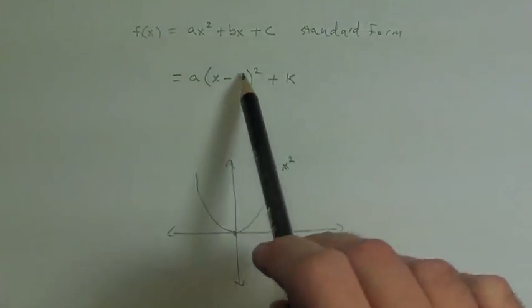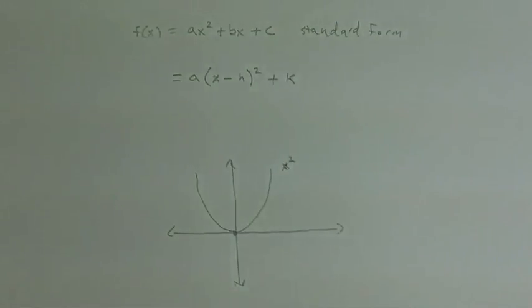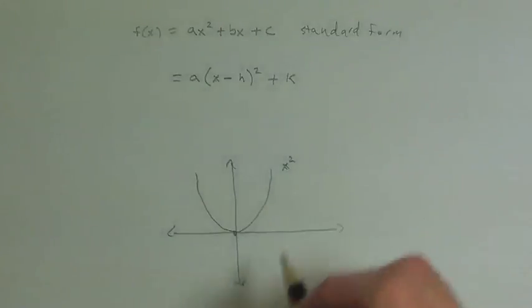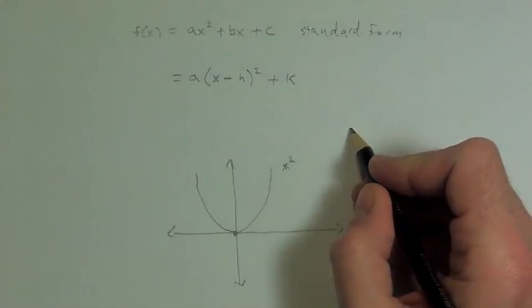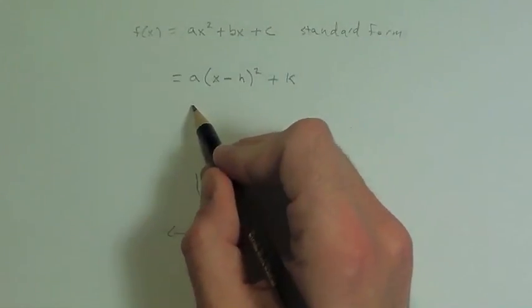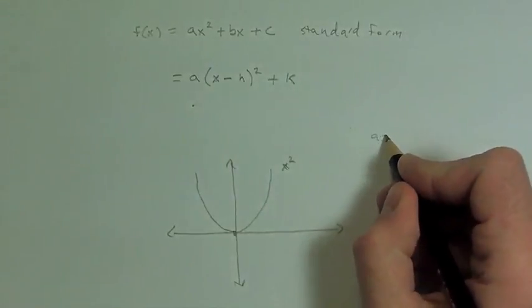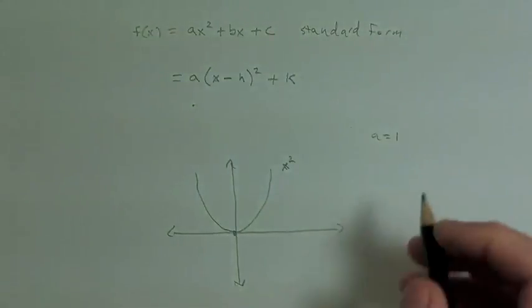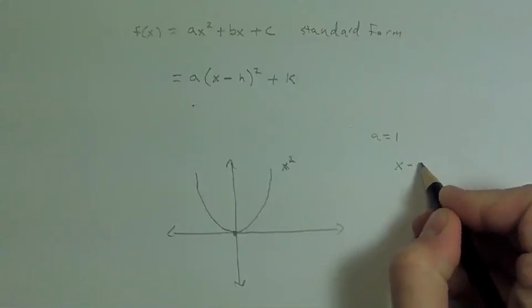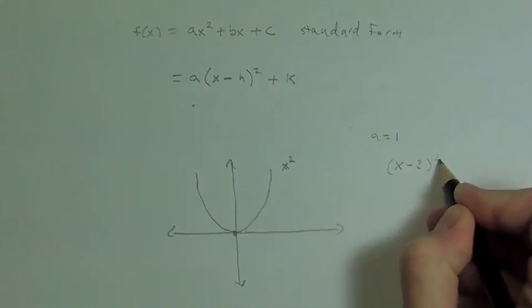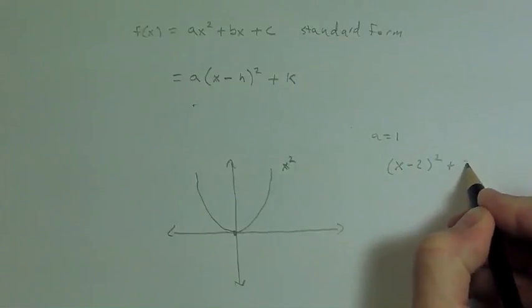Imagine a is 1, and then something like x minus 2 all squared plus 3.